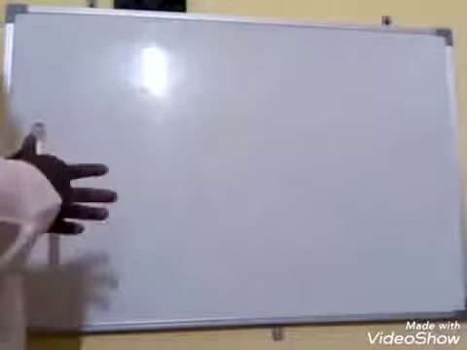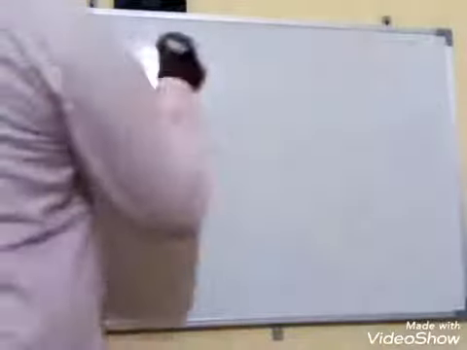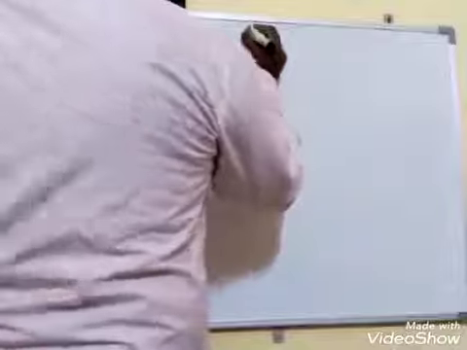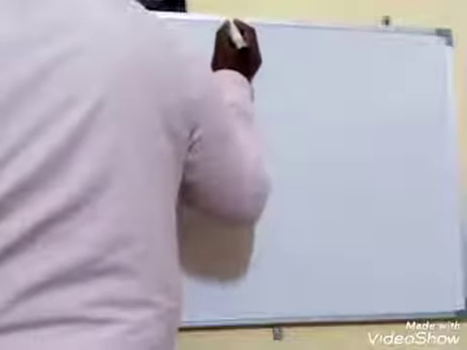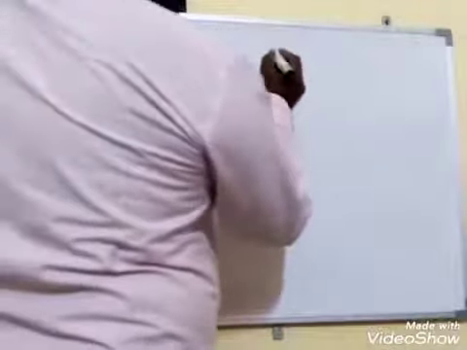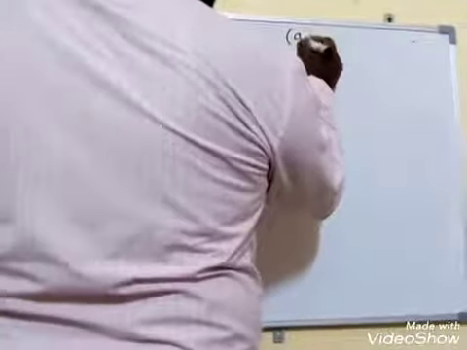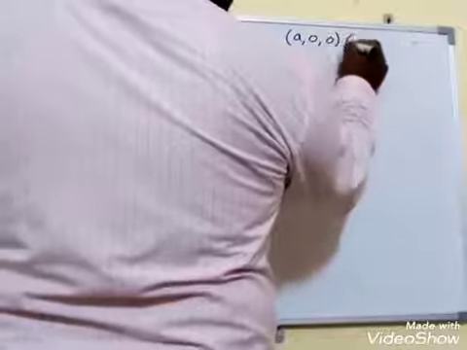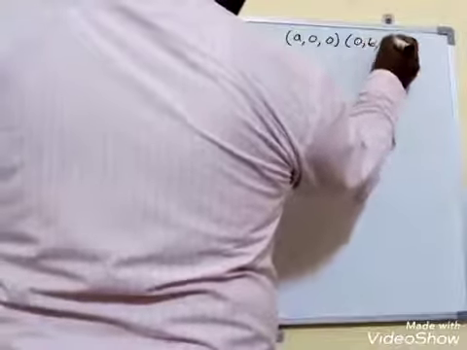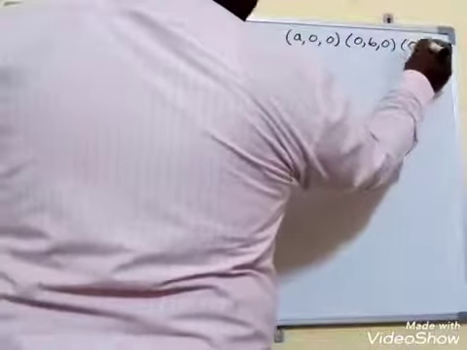Usually one more question is asked based on the intercept form. The earlier one was a direct question. The question they are asking is the equation of the plane whose coordinates are (a,0,0), (0,b,0), (0,0,c).